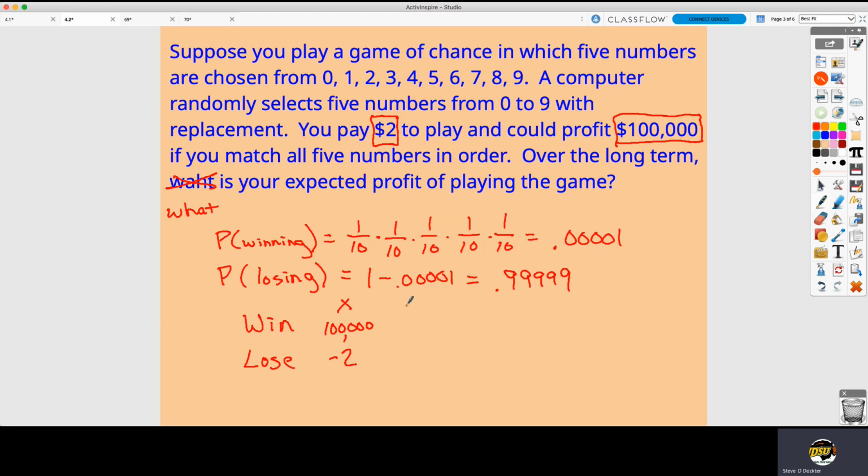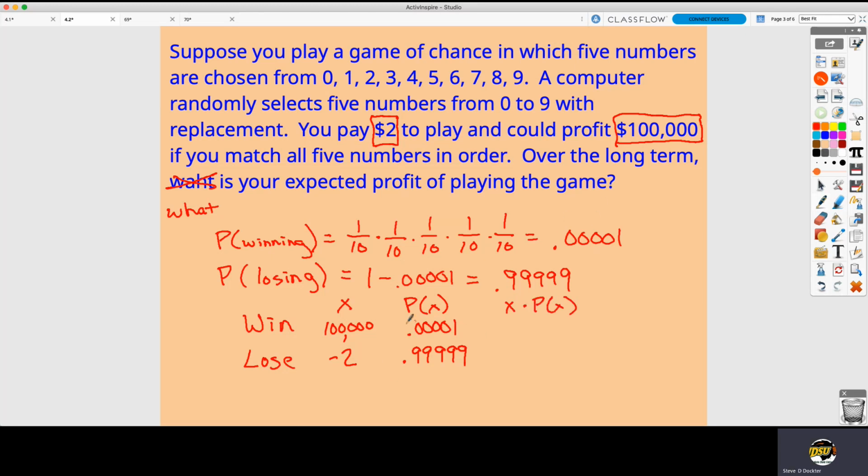Now for this, we also have a probability of finding each one of those, and we just figured that out. Probability of winning would be 0.00001. Probability of losing would be this other one here. And then to find our expected profit for this, we would just multiply those.